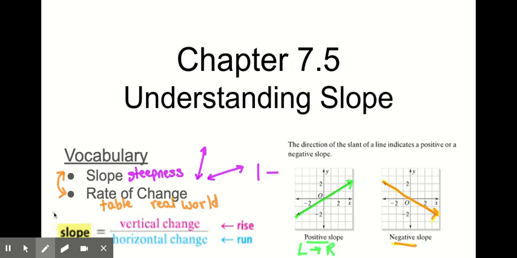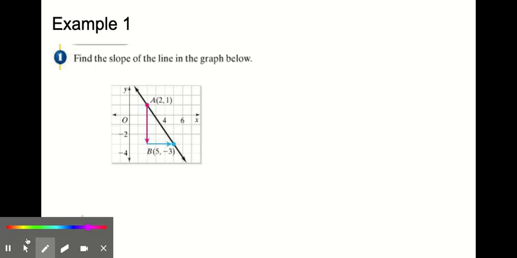So slope, we find slope by finding the vertical change over the horizontal change, or the rise over the run. Okay, this is really important. Rise over run.